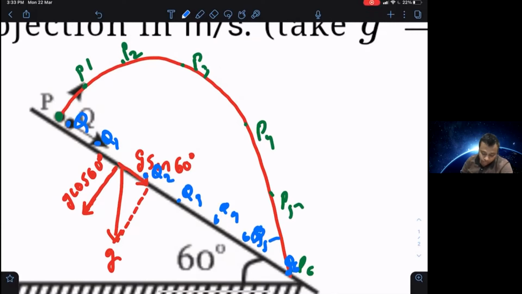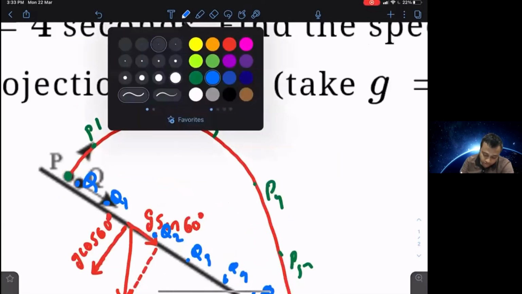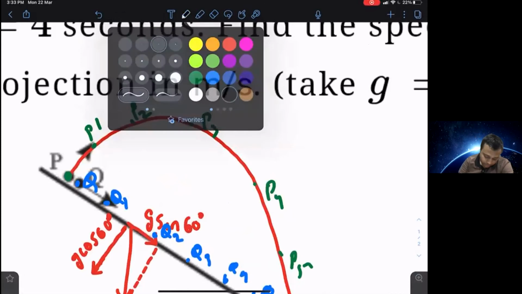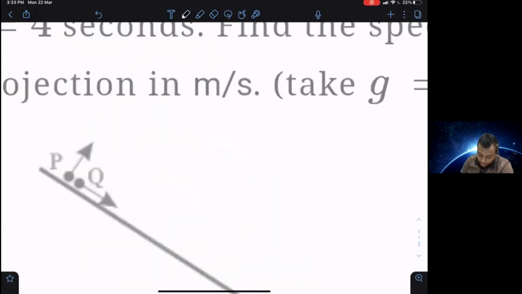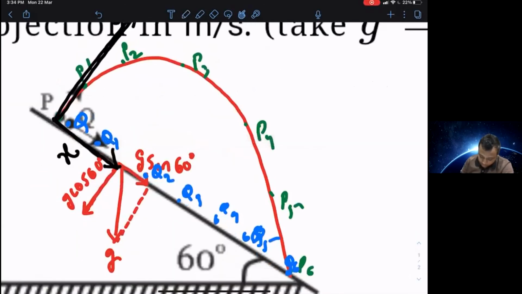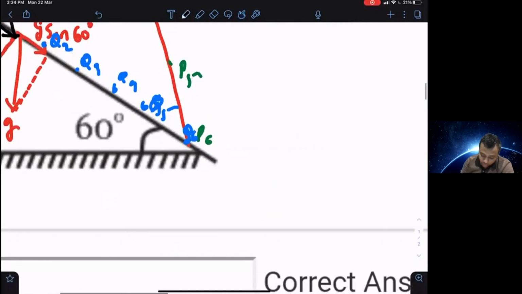So if you put your coordinate system parallel to the inclined plane as X and perpendicular to the inclined plane as Y, we can say that if they are supposed to collide somewhere on the inclined plane, let's call this point R, they should reach point R simultaneously.